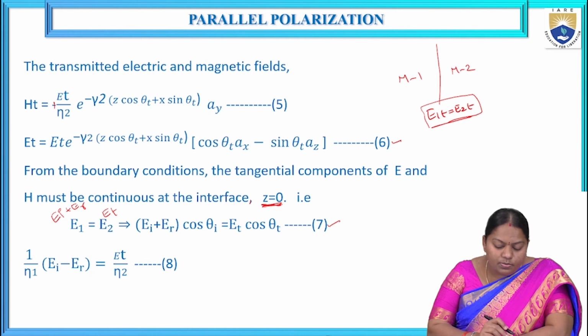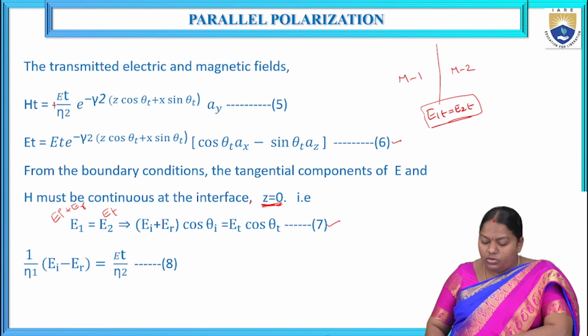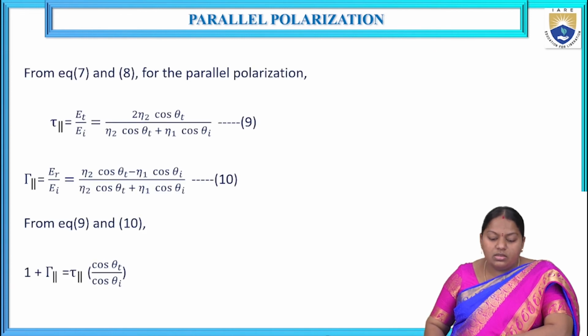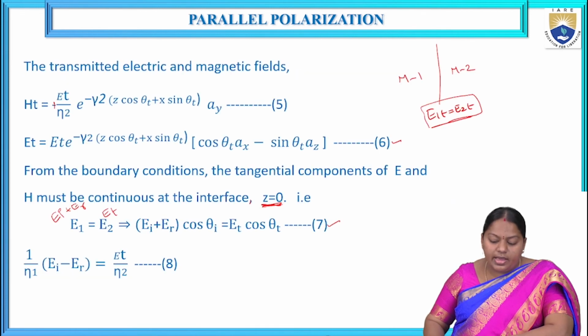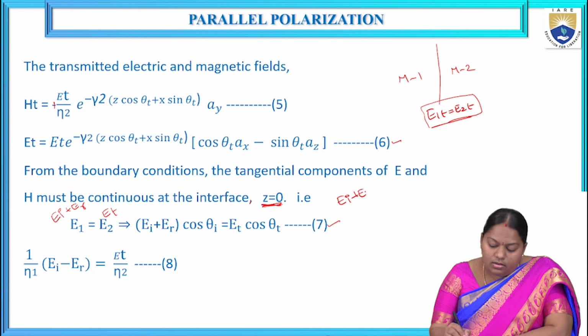Okay. So in order to simplify these two equations, meaning the reflection coefficient and transmission coefficient, we need to consider these two relations first. Now to simplify the transmission coefficient first, on both sides we equate with ET only. From equation number 7, if we write the equation for ET, then EI plus ER into cos theta I by cos theta T equal to ET.